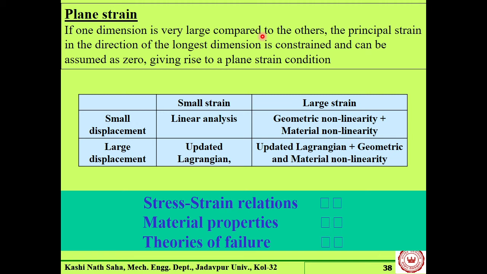For example, say we have a very long pipe, and we are considering a particular portion of the pipe. If the pipe length is very large, say when we analyze an aerofoil sort of structure in an aircraft, you know that the length of that wing is much larger. We take only a portion of that, and there we take that the strain along the length direction does not change.